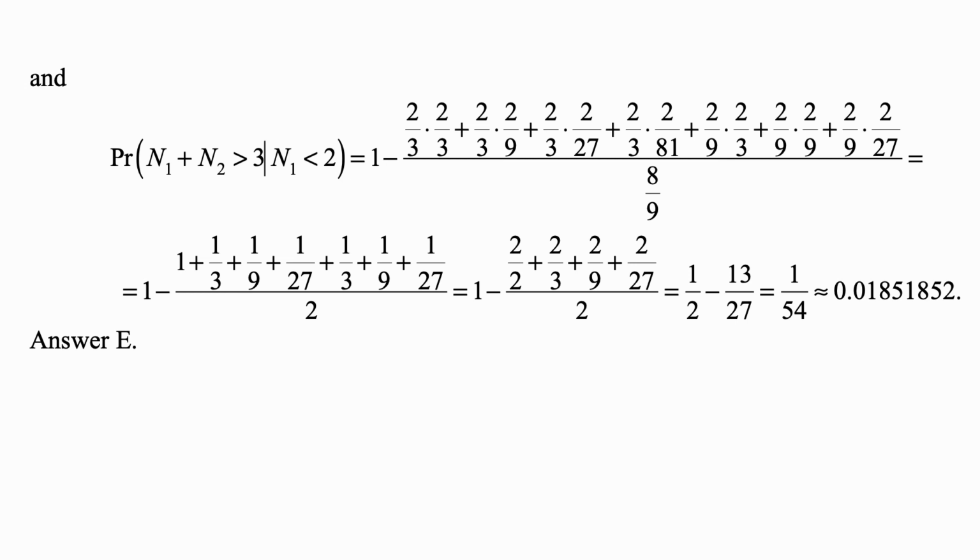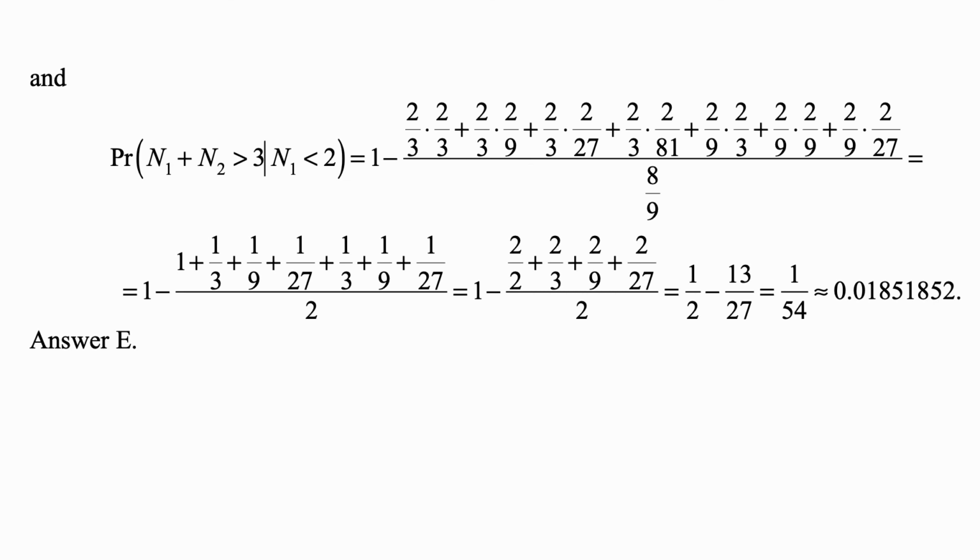We can subtract that 1/2 separately, so 1 minus 1/2 is 1/2. And then we're subtracting 1/3, 1/9, 1 over 27. If you add them up, that's 13 over 27. So this becomes 1/2 minus 13 over 27. And 1/2 is equal to 27 over 54.